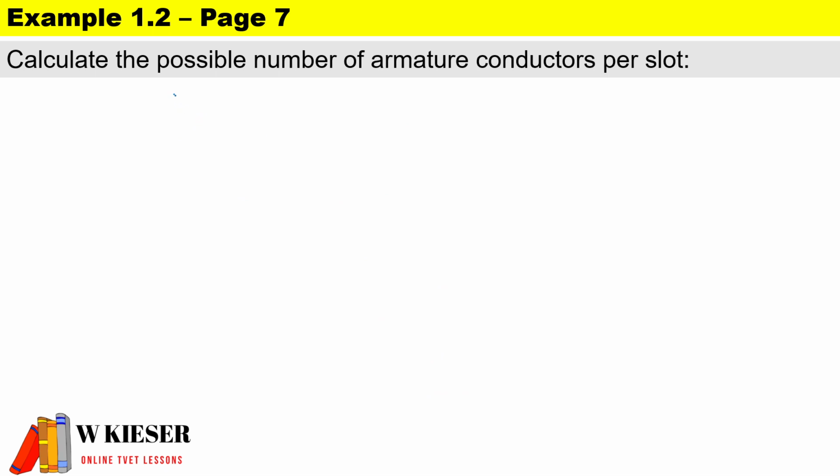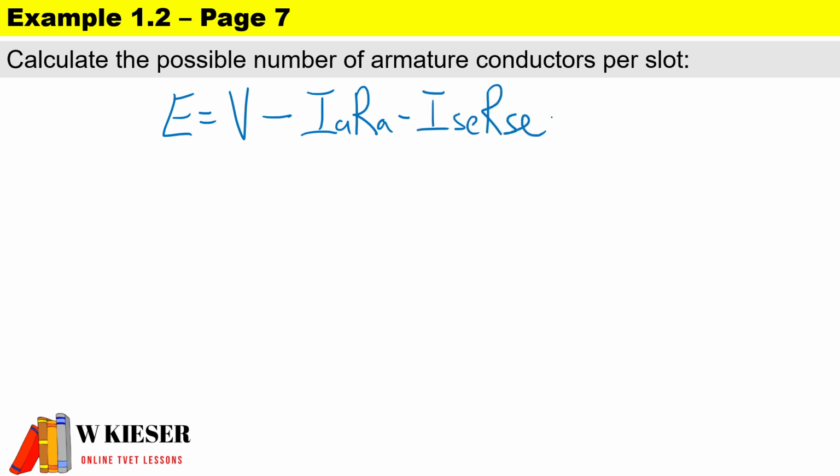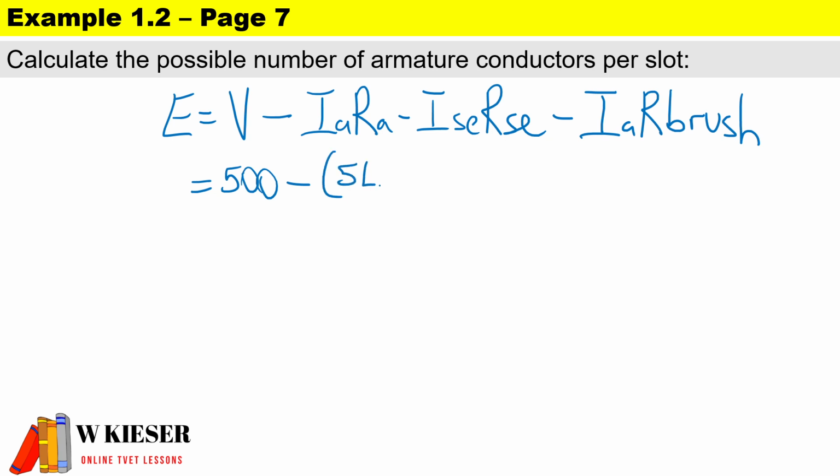Right, now that we've got the supply current, we can actually calculate the back EMF. This is a series circuit, so there's multiple volt drops. We have the terminal voltage. It's a motor, so it's minus IARA minus ISCRSC. And then we have the volt drop for the brushes, so that's going to be IA times the resistance of the brush. Okay, so you can see there's a couple of volt drops there. Now, just to note that current stays the same in series, so that's a common factor. So just using a little bit of mathematics, our terminal voltage is 500 minus the current of 54.348, and then we will have all our resistances left behind.